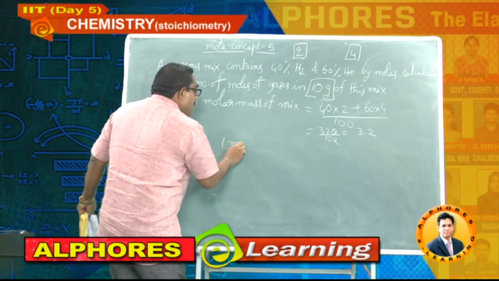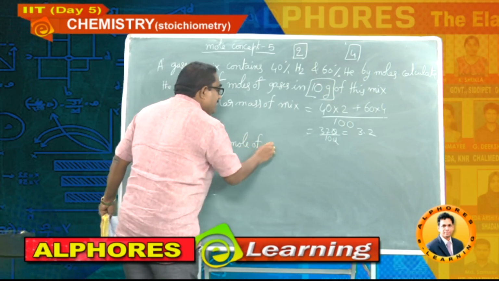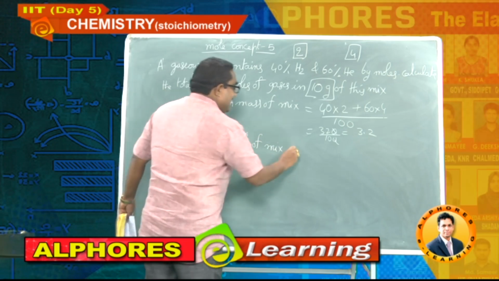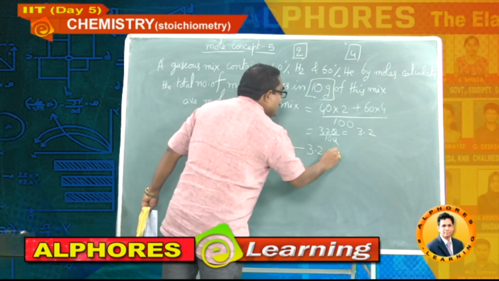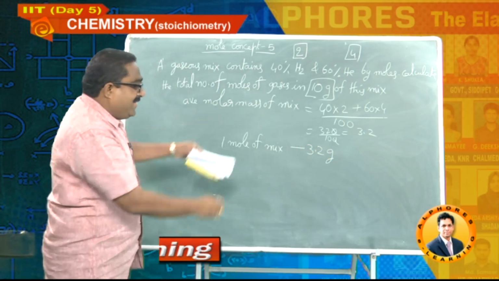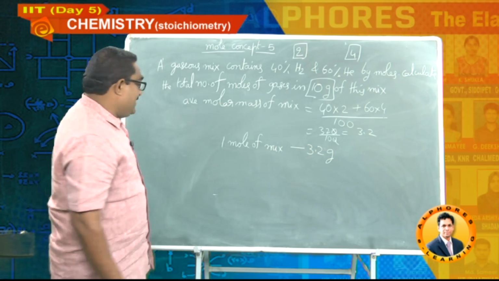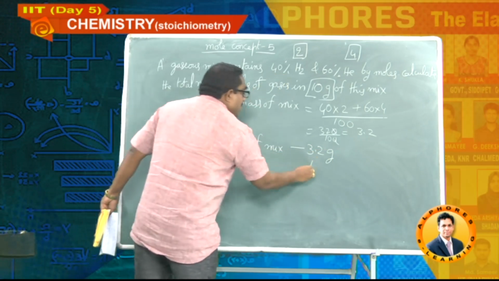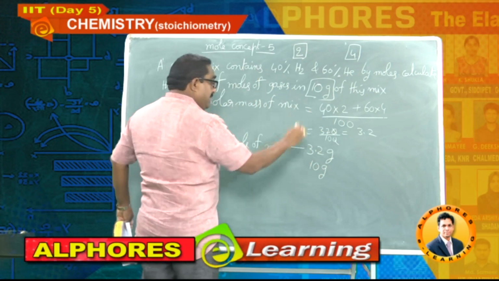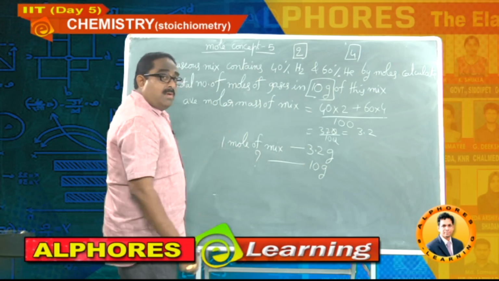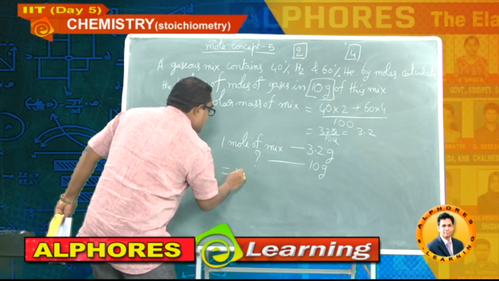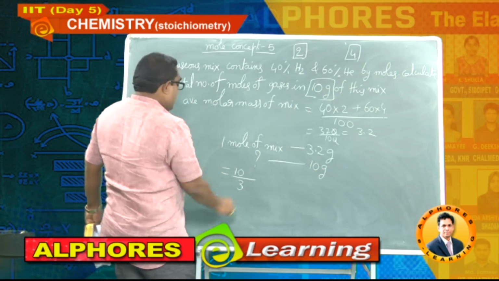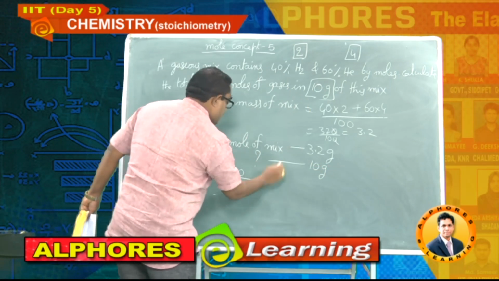That is 1 mole of mixture is 3.2 grams. The mass is, because average molecular mass I got like that. But he has given only 10 grams. He has given, but how many moles are there? That is 10 by 3.2.